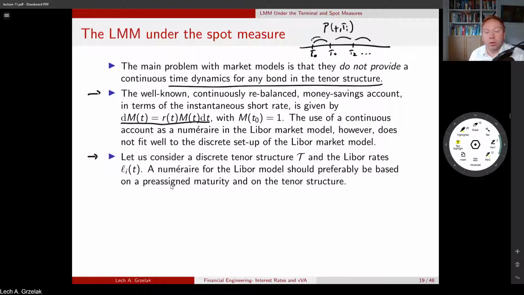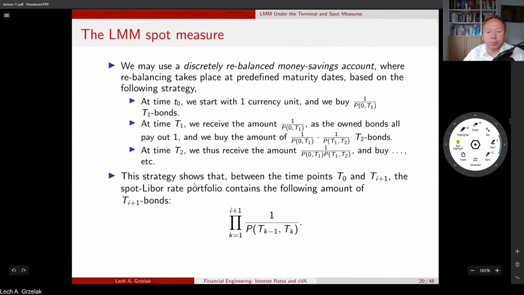So we have to think of the spot numeraire that we can associate at any point in time, even in between those grid points. We have to associate this numeraire with a corresponding zero coupon bond. So we have to somehow link the point in between to the instrument which is defined on the grid. This is the assignment we have to do, and it would be used as the definition for the spot measure for the Libor market model.